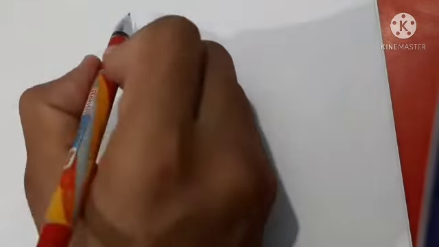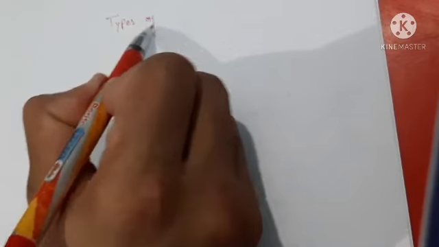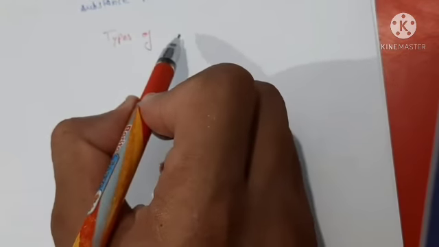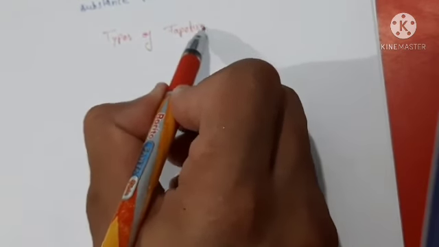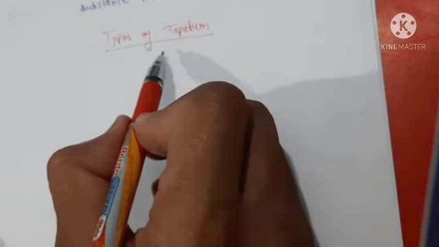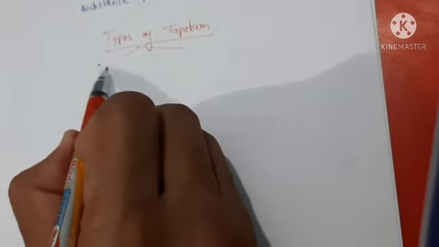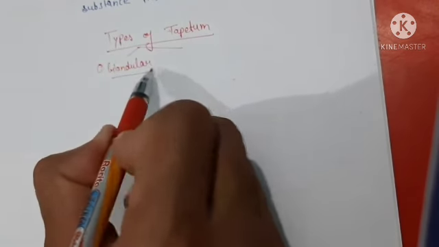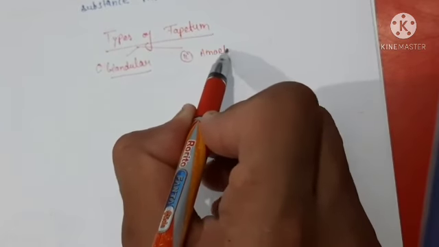Now friends, we will discuss types of tapetum. So there are two types. First one is glandular and second one is amoeboid.